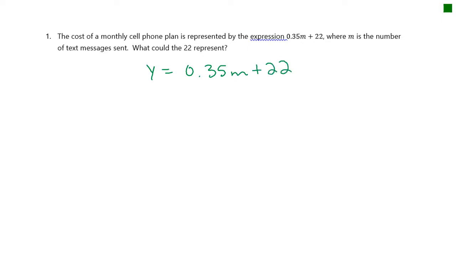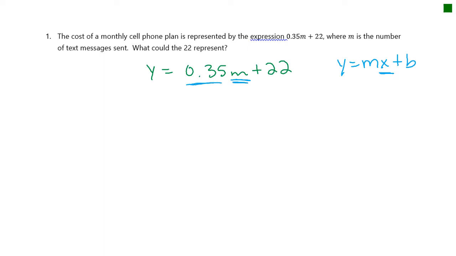And don't forget that just because we have different variables doesn't change anything, okay? I have a variable next to my 0.35, so that means that this represents x. 0.35, or 35 cents, has to be my slope, and they told you that M is the number of text messages. That means that they charge you 35 cents per message.